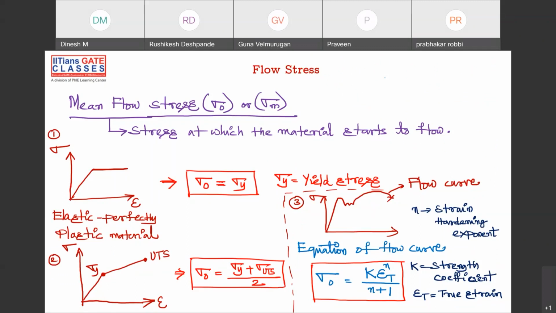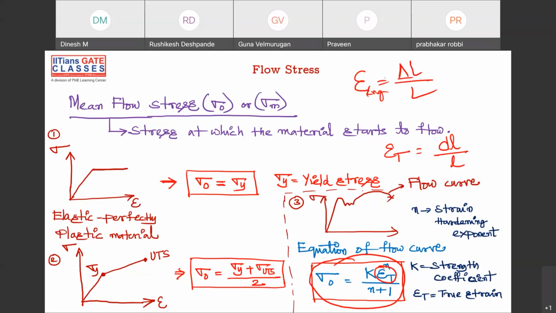Yes. Very good. Now in this formula, here it is not engineering strain. Engineering strain is delta L by L. But for true strain, we take the change in length at that instant divided by the length.